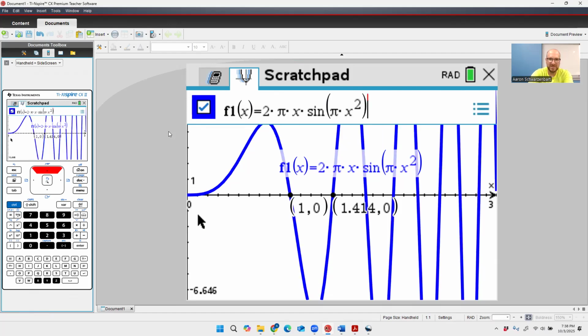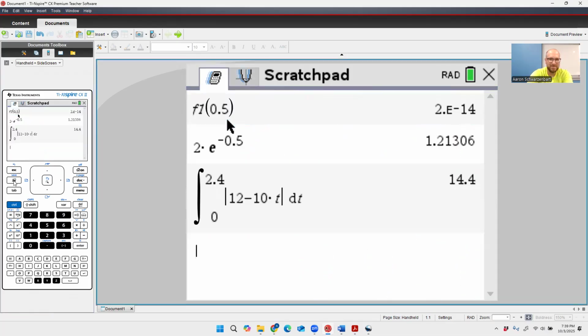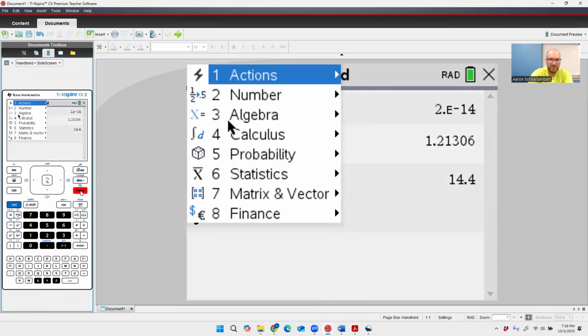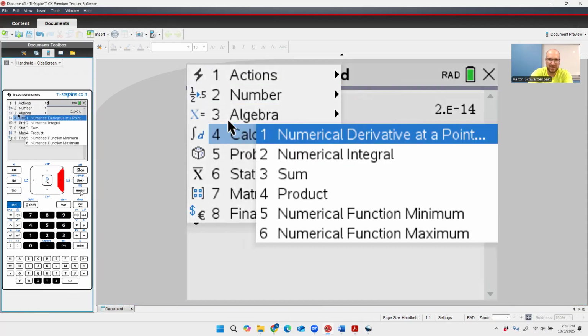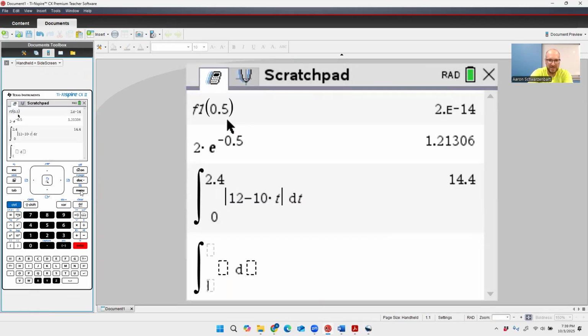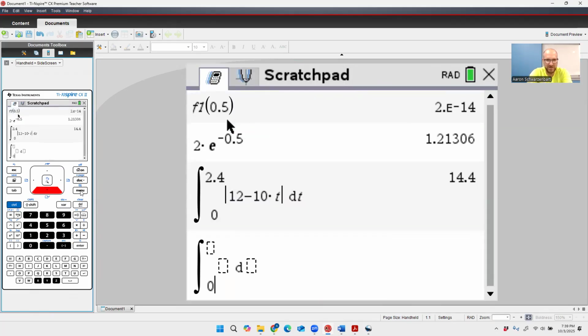The beautiful thing is I've already got the velocity function in f1 of x. Menu, calculus, numerical integral, from 0, and you do need to write the integral you're taking on the calculator on your sheet.